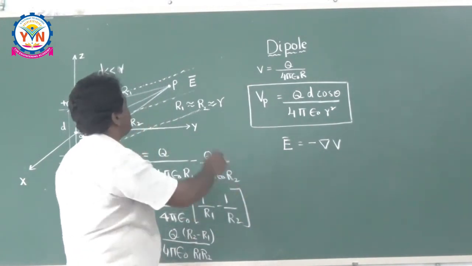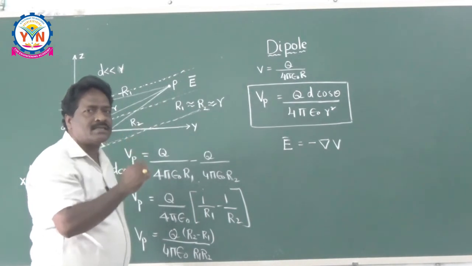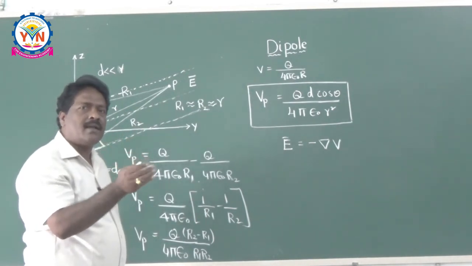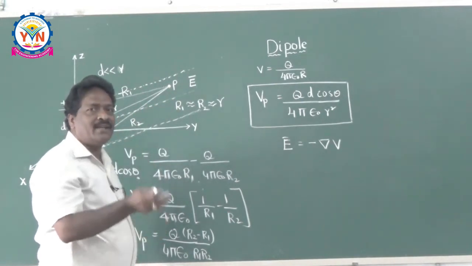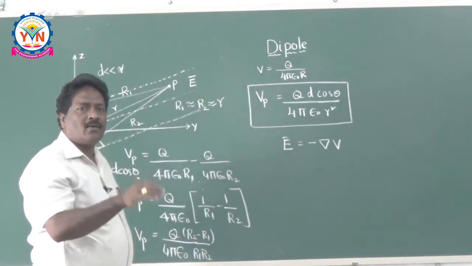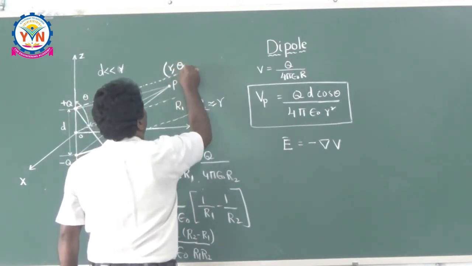But remember friends, for this point P there are three coordinate systems: Cartesian, cylindrical and spherical. This point P is defined in the spherical coordinate system, that is r, theta and phi.